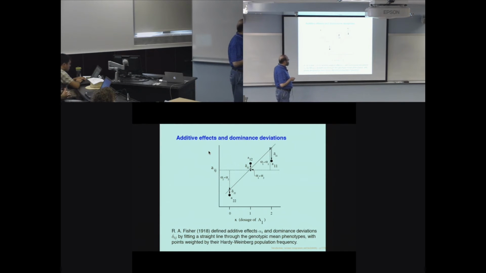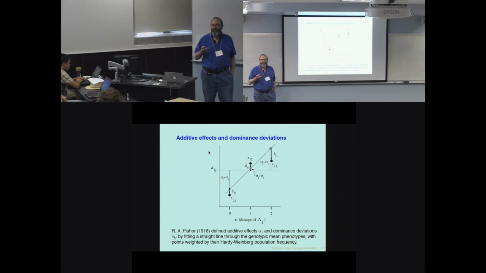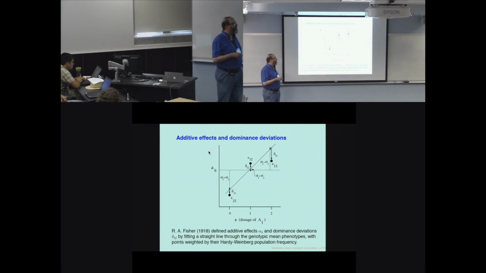What R.A. Fisher said to do is something that doesn't strike you as an immediately obvious thing to do, and that was to fit a straight line through this data and define some quantities that are going to be called additive effects and dominance deviations. The fit is a least squares fit where the points are weighted by their frequencies in the population.